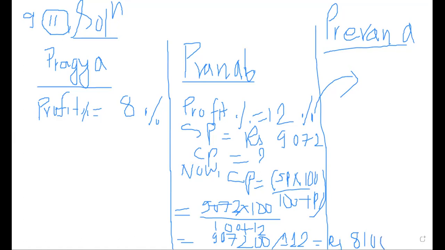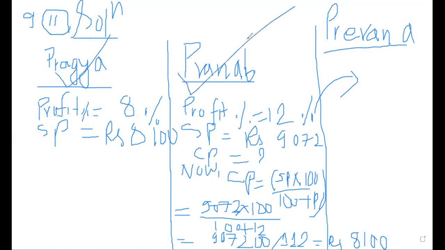This 8,100 is the cost price for Pranav. But that will be the selling price for which one? Pragya. Good. Pragya's selling price will be 8,100, because the selling price of Pragya will be the cost price of Pranav.